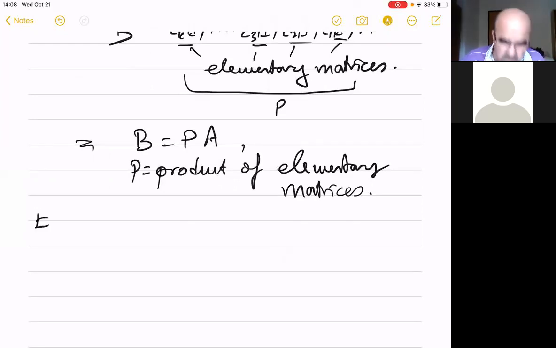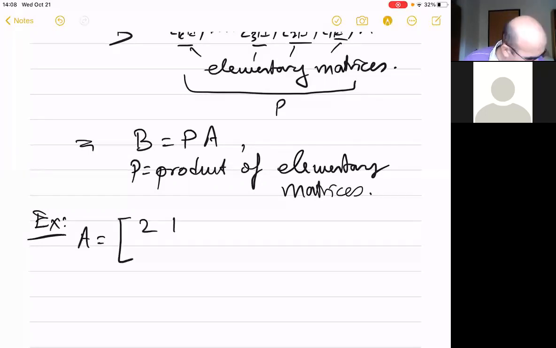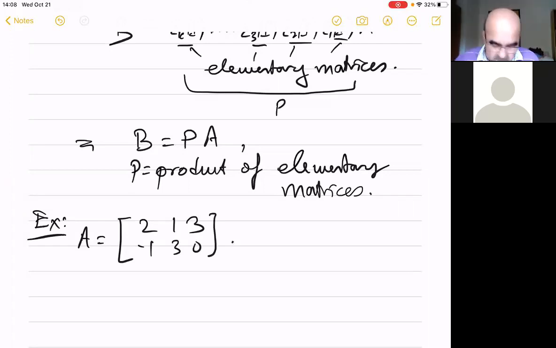Let me give another example. Here's an example. Let A be 2, 1, 3, minus 1, 3, 0. The question is, you write this A, right?